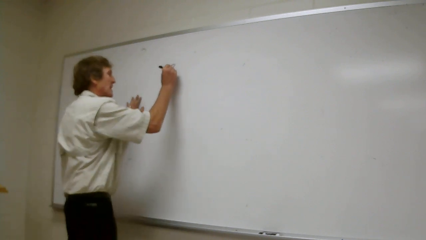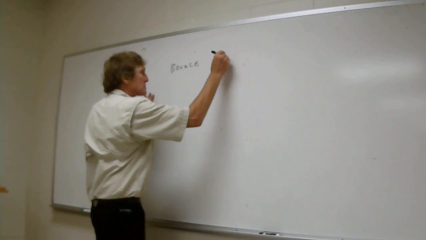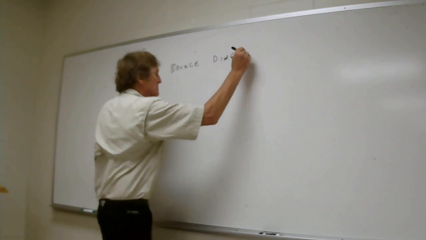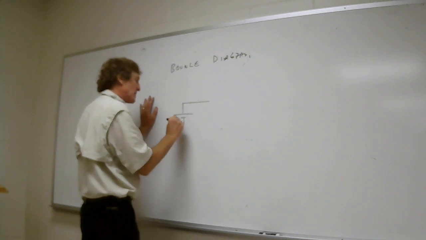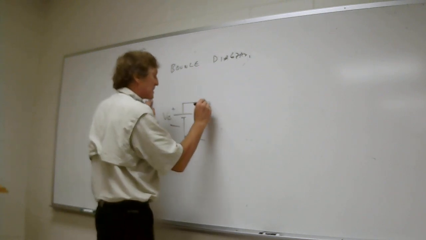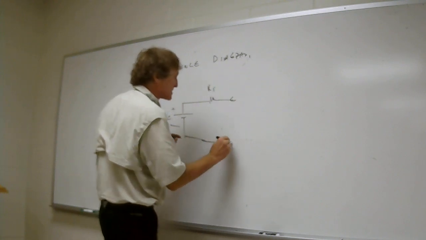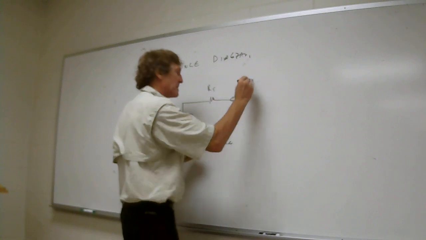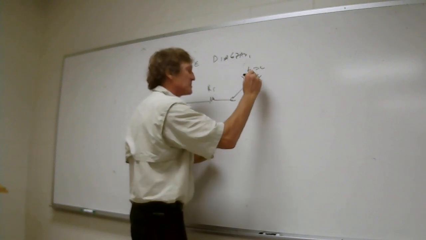Okay, this is a bounce diagram. So what do I mean by this? Think of a battery, plus or minus V naught, and you have some impedance, R source. This is like a Dr. Irwin circuits problem. Then you have a switch that closes at T equals 0.